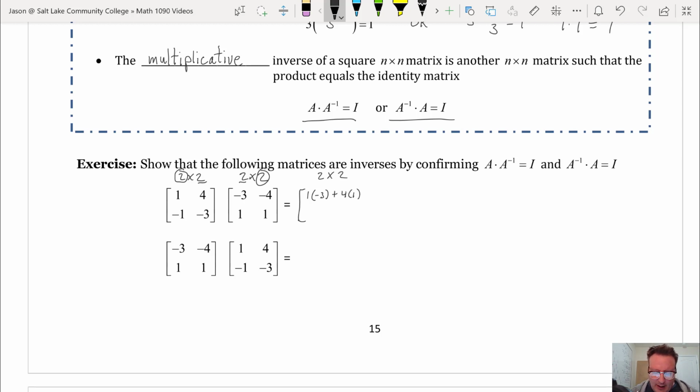Okay. And then to get this element over here in the product, which is in the first row second column, I'm going to pair the first row with the second column, and I'm going to get 1 times -4 plus 4 times 1.